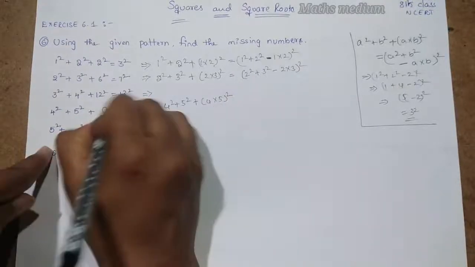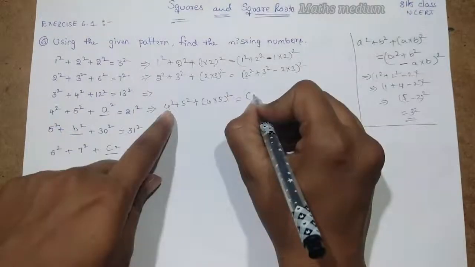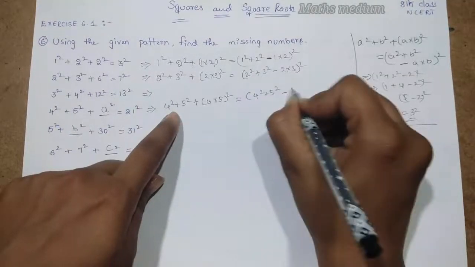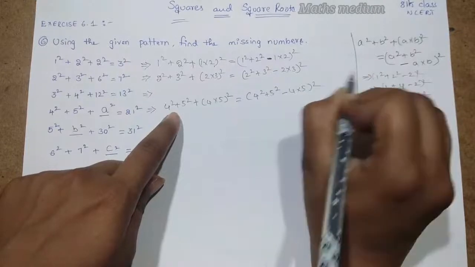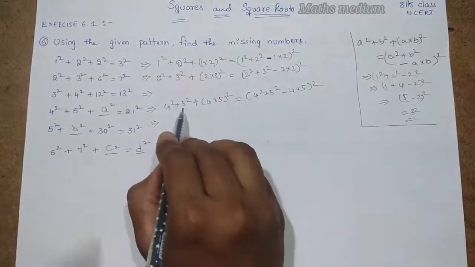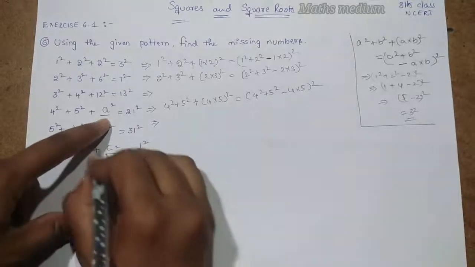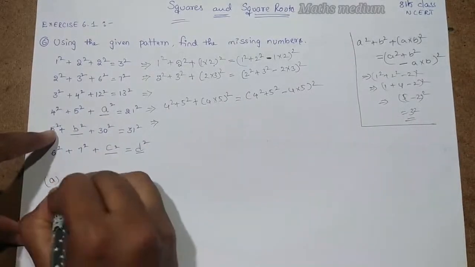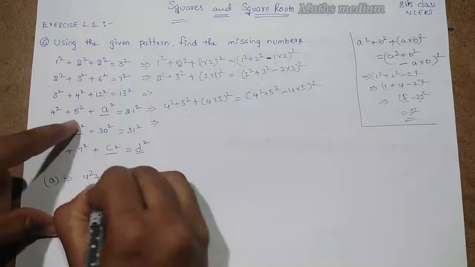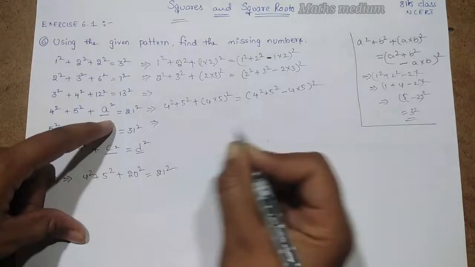Let this be A, this is B, this is C and this is D. 4 into 5 whole square is equal to 4 square plus 5 square minus 4 into 5 whole square. Now, if you solve this, 4 square plus 5 square is already there. 4 into 5, 20 square. So, here A is 4 square plus 5 square plus 20 square is equal to 21 square.